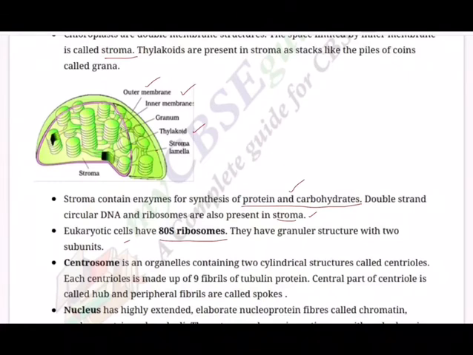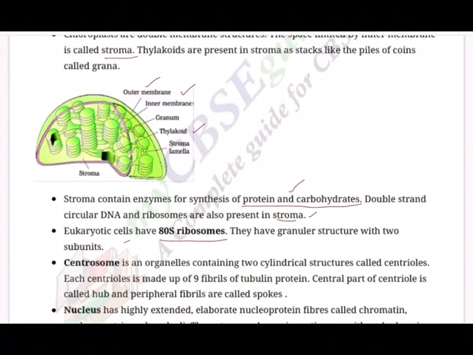Recollect from your memory: light reaction and dark reaction, Hill reaction and Blackman reaction. So chloroplasts and mitochondria both together play a crucial role as endosymbionts in eukaryotic cells. Both are semi-autonomous organelles.